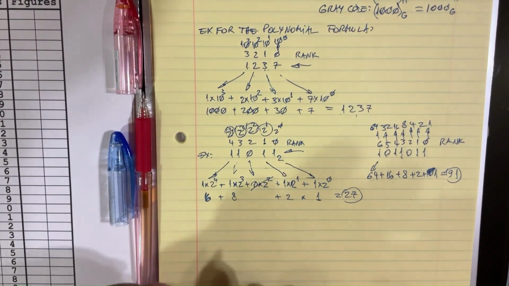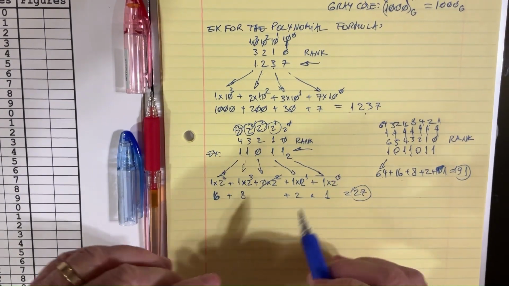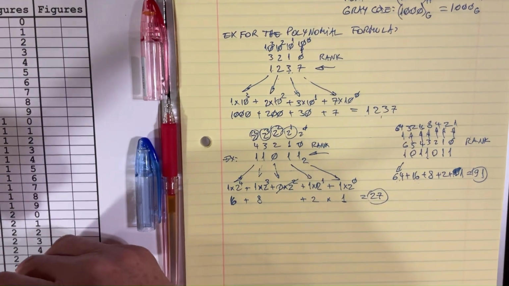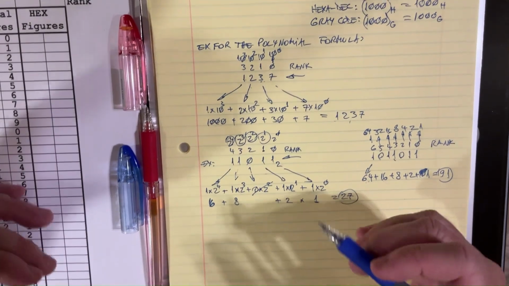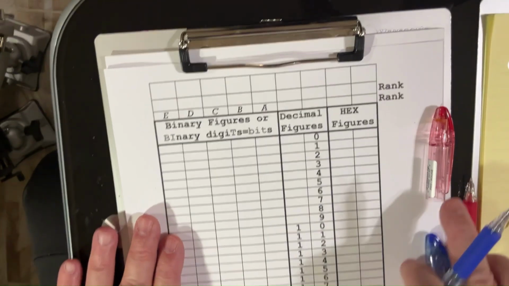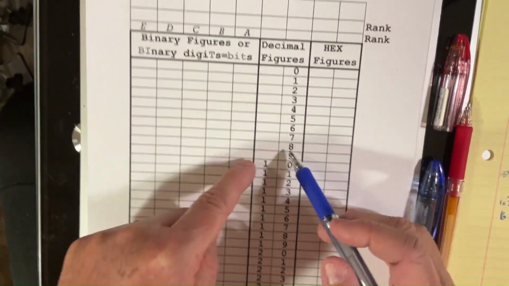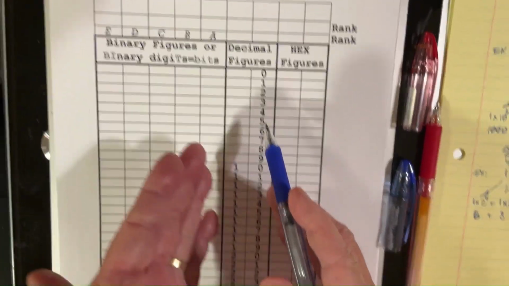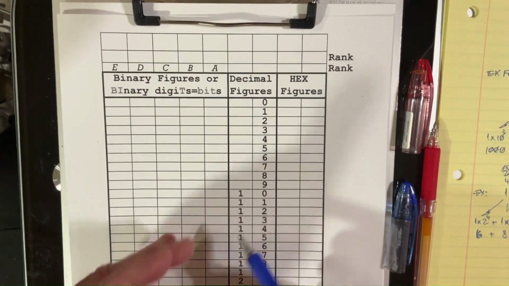I want to show you, based on what you already know from the rank, how you can draw a table with correspondence binary to decimal very easily without calculating much, okay? So now I prepared the empty table for you here, where I only have decimal figures already in the table, and we want to figure out what are going to be the binary numbers corresponding to what we know.